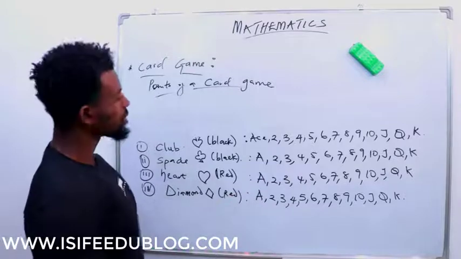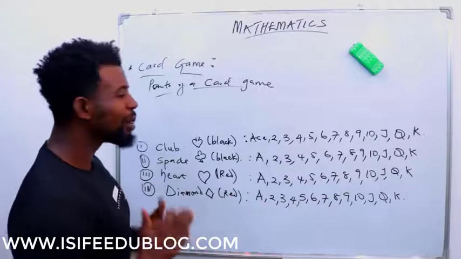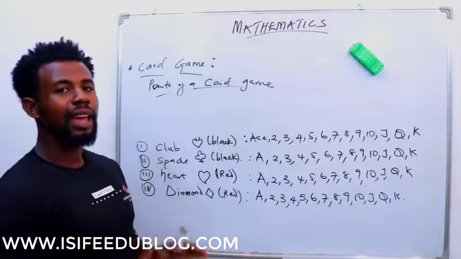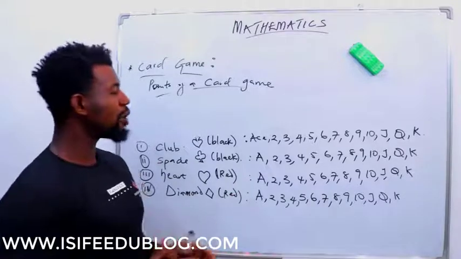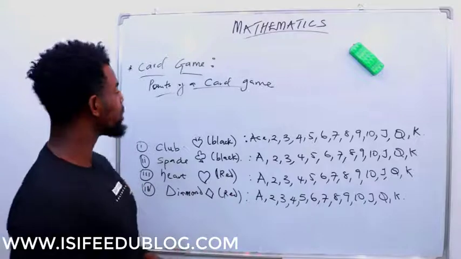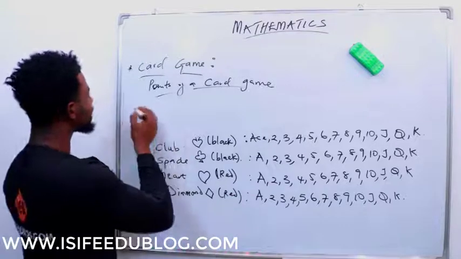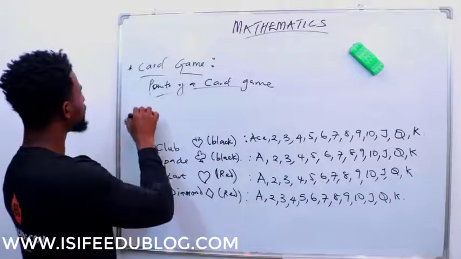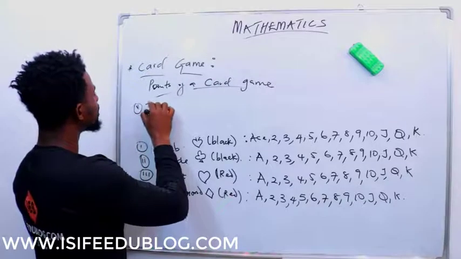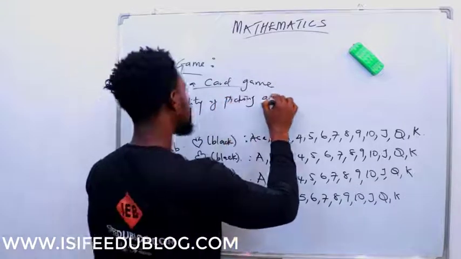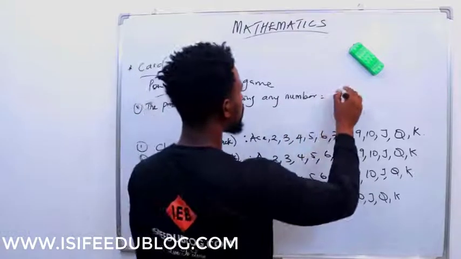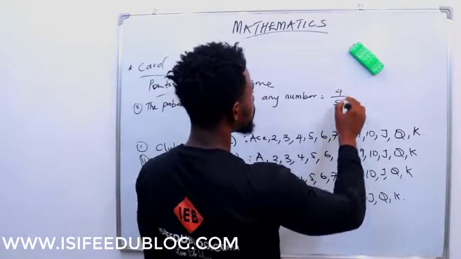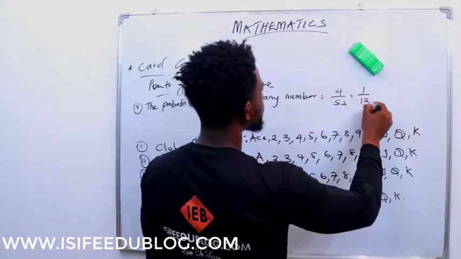In a pack of cards, the probability of picking any number is 4/52. And what do we mean by that? The probability of picking any number is equal to 4 all over 52, which is equal to 1 over 13.